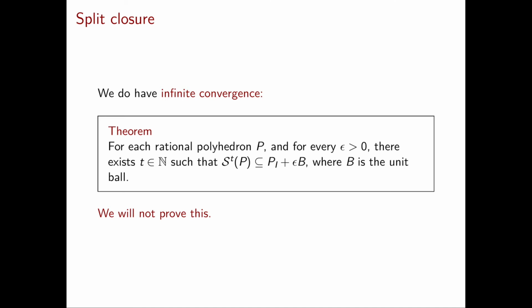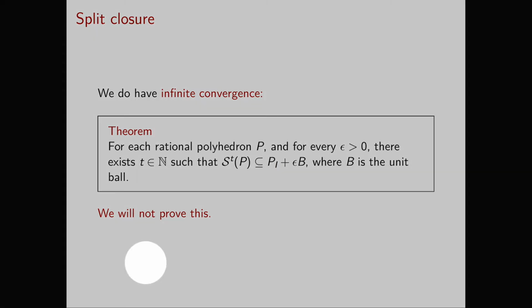What does it mean? Well, it means that with split closures, maybe we will never be able to obtain exactly the mixed integer hull of P, but we will be able to obtain a set as close as we want to the mixed integer hull of P. We just need to take a sufficient number of split closures. So formally, here is the statement.